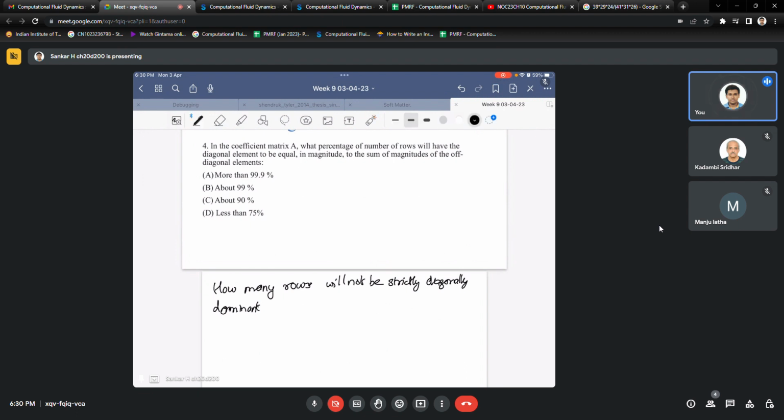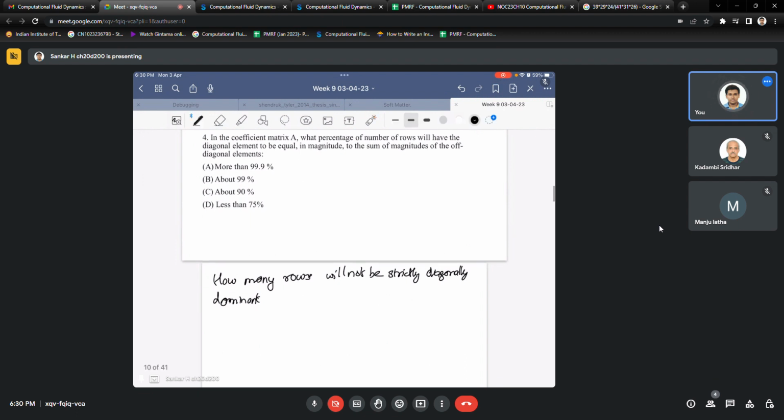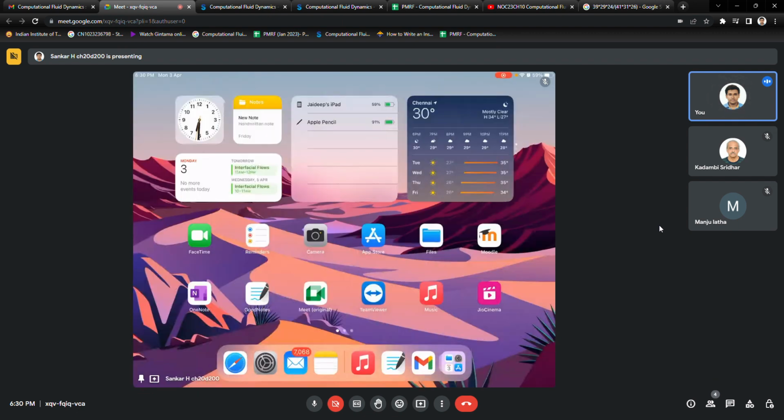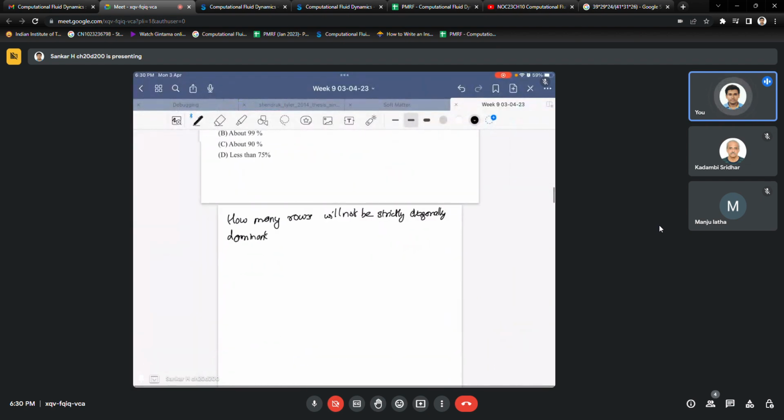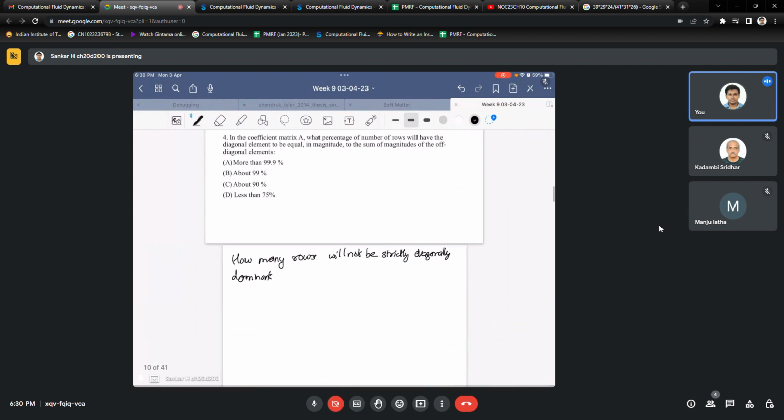And that we can evaluate by just finding out the number of interior points divided by the total number.